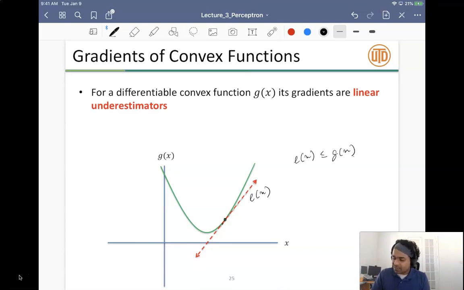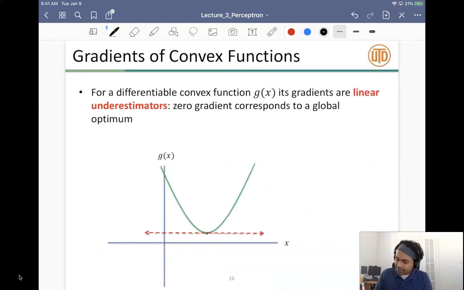But it is tight at this point. The point where I compute the gradient, it will be tight, so it will be equal at that point, but everywhere else it will be less than or equal to. The same over here. Note that in this case the gradient is actually 0, because it's flat, and a 0 gradient corresponds to a global optimum.